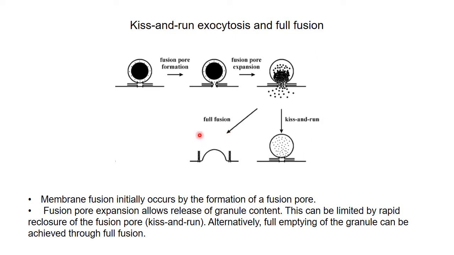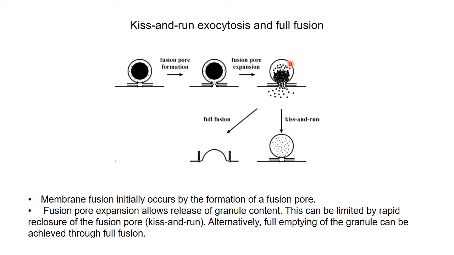So there are different mechanisms by which neurotransmitters can be released, but the two main mechanisms are kiss and run, in which the fusion pore is open but then closes, or full fusion, in which the full amount of neurotransmitter is released. It is not really well understood when and how cells decide between kiss and run versus full fusion.